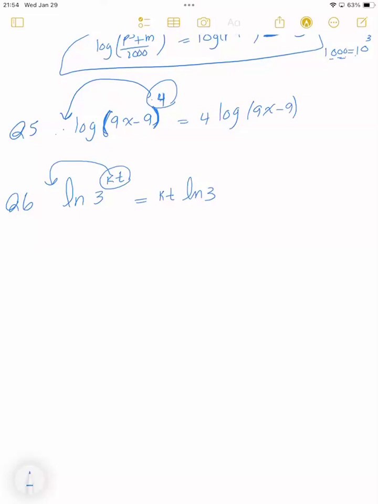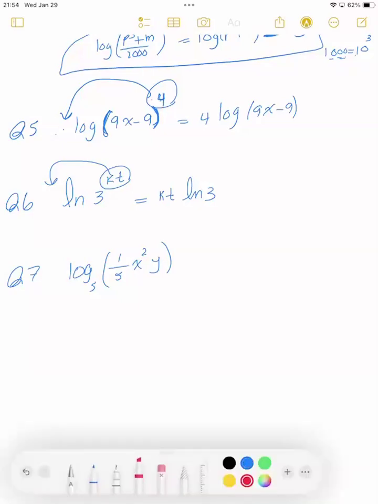Number 7. Write the logarithm as a sum or difference of logarithms and simplify. So we have a log, again base 5, of 1/5, x to the power 2, and y. We want to get rid of the exponent 2.